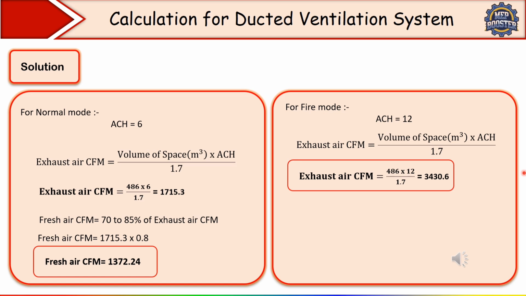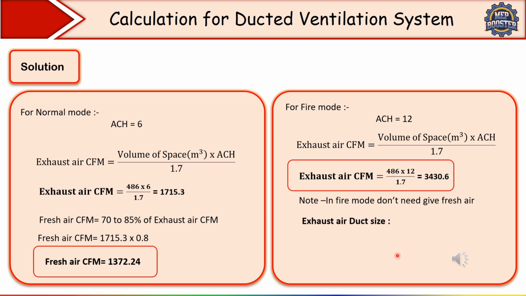If there is a fire in the basement and you supply fresh air, it means you are supplying oxygen into the basement, and the fire will increase. So remember, for fire mode we do not have to supply fresh air. Note, it is written here: in fire mode do not give fresh air.